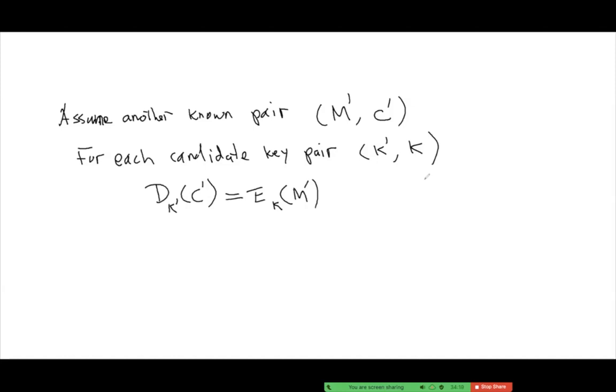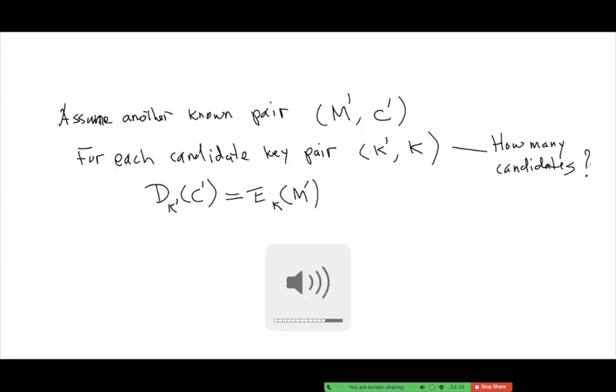But then what we need to do is to find out how many such pairs, how many candidates are available. Of course, not any pair will be a candidate.